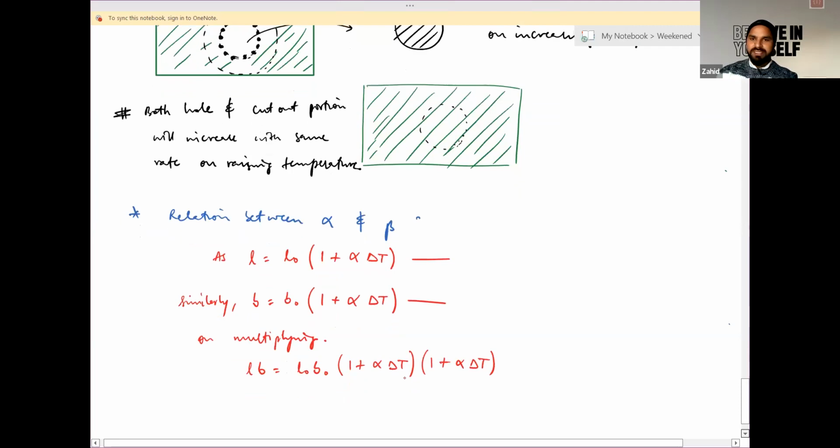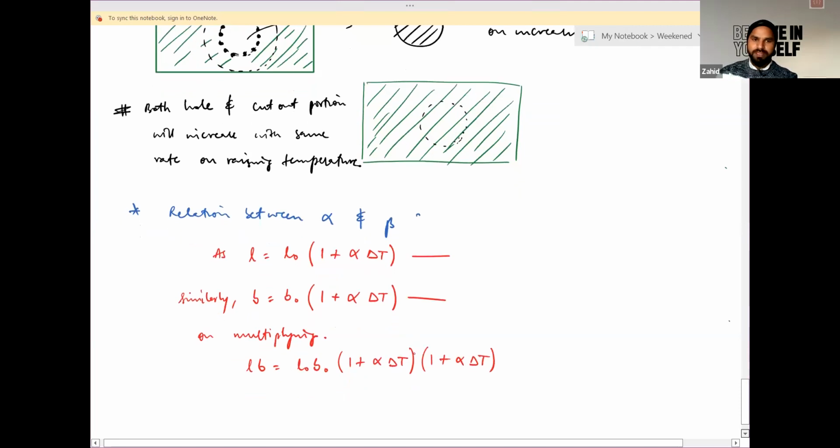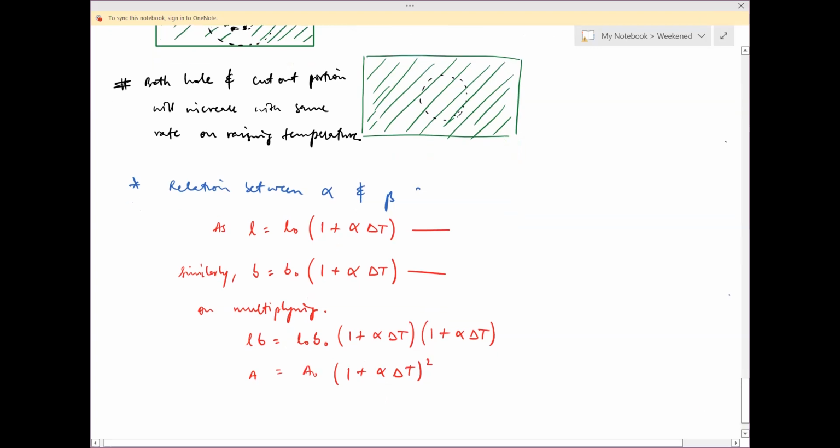So (1 plus alpha delta t) to the power 1 and (1 plus alpha delta t) to the power 1 will become (1 plus alpha delta t) to the power 2. Now L into B will be A, and L naught B naught will be A naught. Is it clear till this part? Yes, sir.